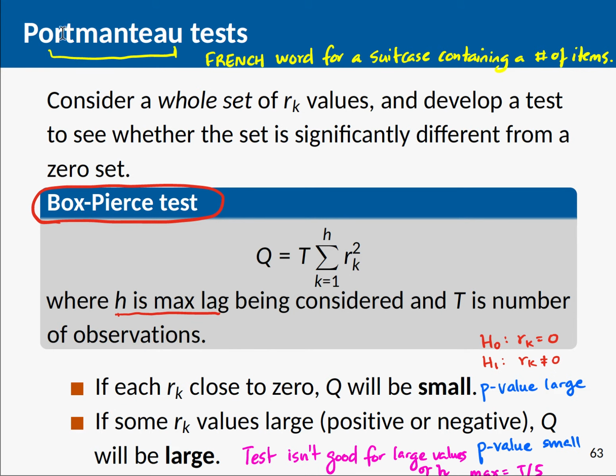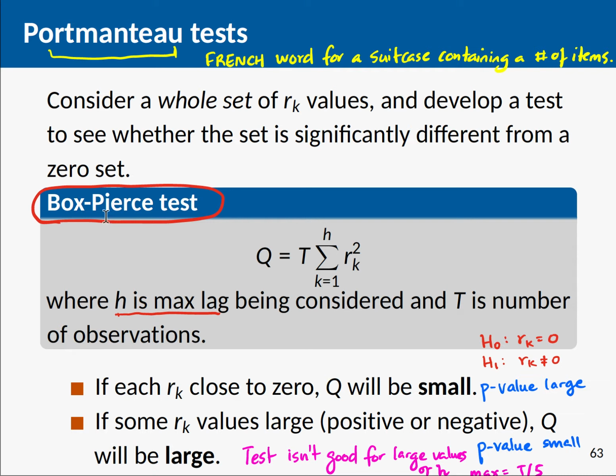Portmanteau is a French word for a suitcase containing a large number of items. In this case, the large number of items are the autocorrelations for different lags. So we want to see if that entire set together is different than the zero set.